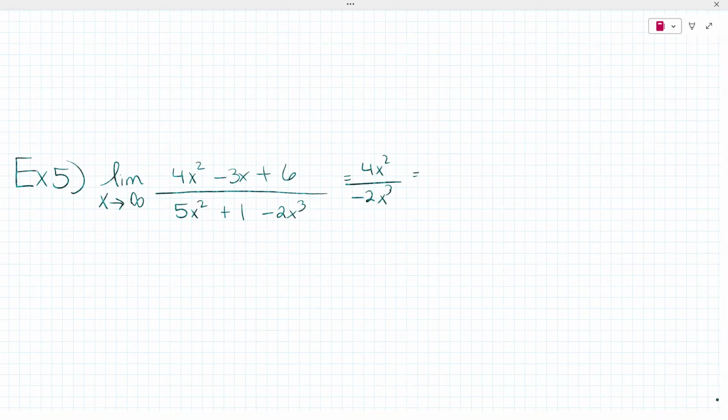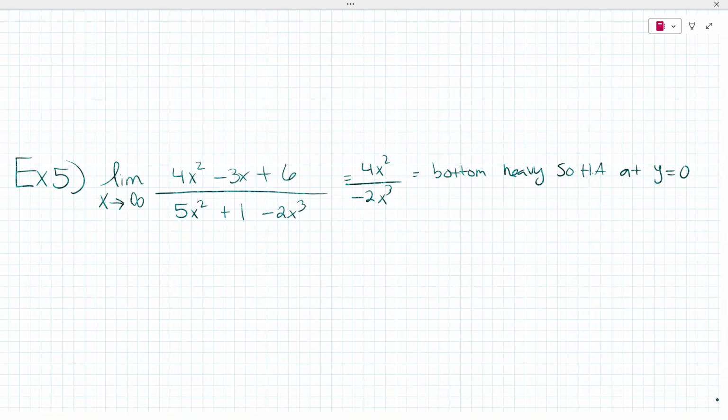So is this top heavy, bottom heavy, or the degrees are the same? It is bottom heavy. So your horizontal asymptote is at y equals 0. Let's do some work because we can't just say the limit is 0 because of the horizontal.